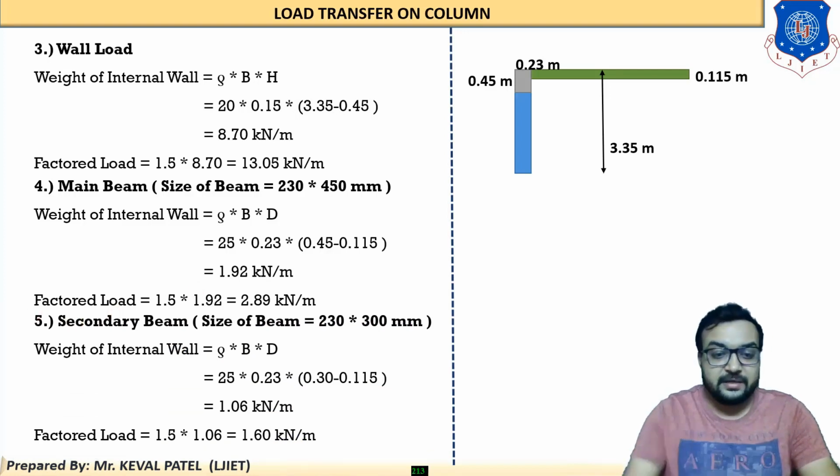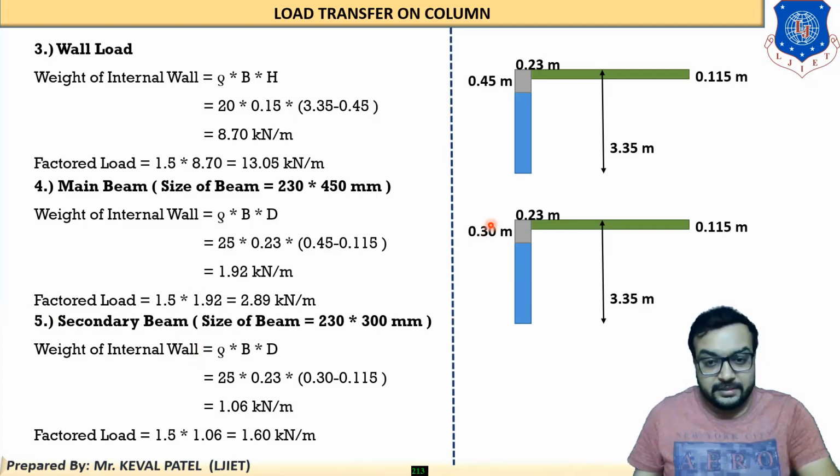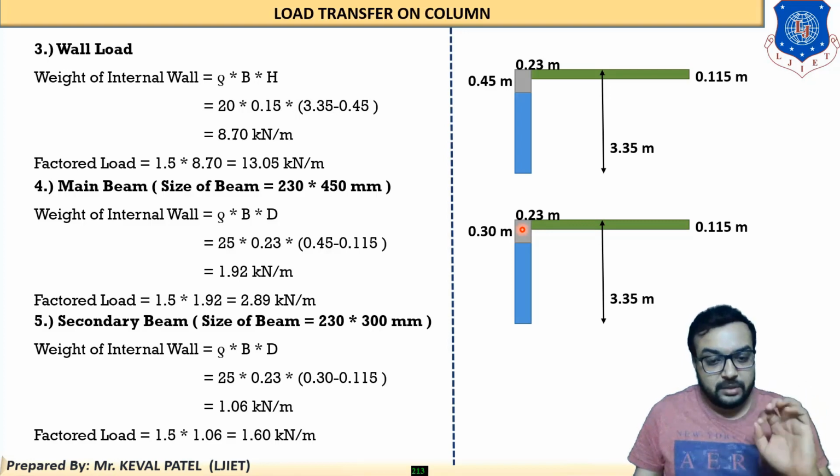Students, our secondary beam calculation also remains the same, and the only change is the size, because the size of the secondary beam is 230 cross 300 mm. So the only change is 25, because concrete is placed over here, 0.23 because the width is 230 mm, and the depth is 300 mm. So 300 minus 0.115, because the slab is already calculated in step number 1.